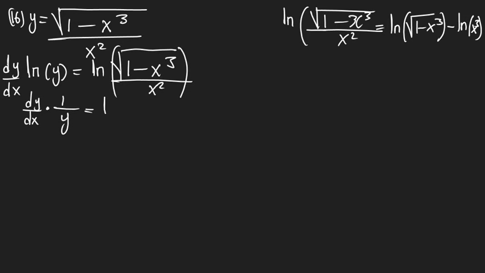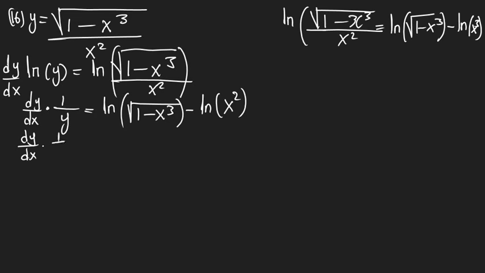So this is the same as the natural log of square root of 1 minus x to the 3, minus then ln of x to the power 2. Get the concept, let's see. When you reach there, you have your dy over dx. Then look, this is the square root, right?